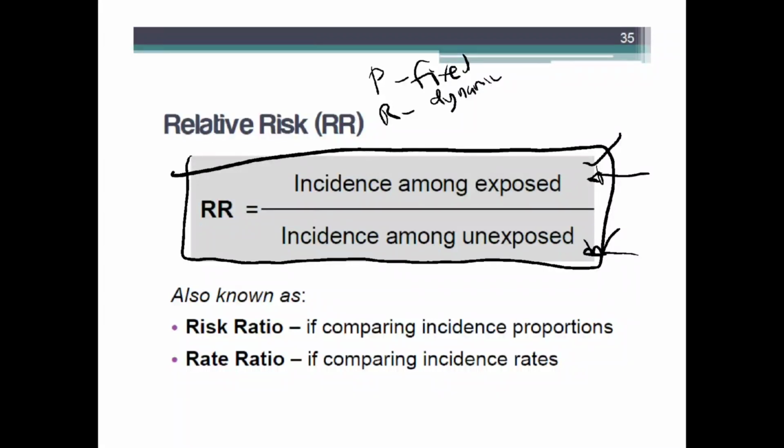Fixed population, ibig sabihin, iisa lang yung value nila from starting point hanggang end point. Okay? Okay, gets. So, pag incidence proportion na fixed, risk ratio tayo. Kapag incidence rate na dynamic, that is your rate ratio.